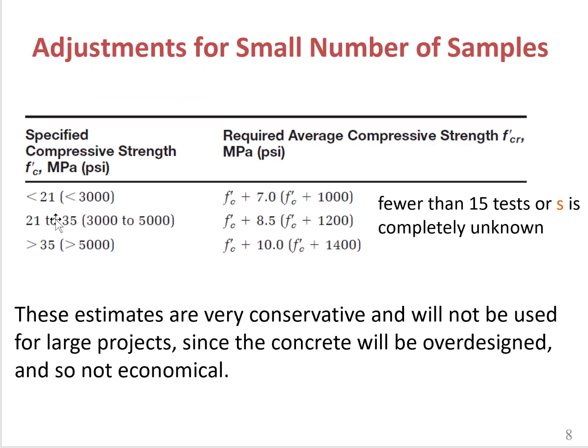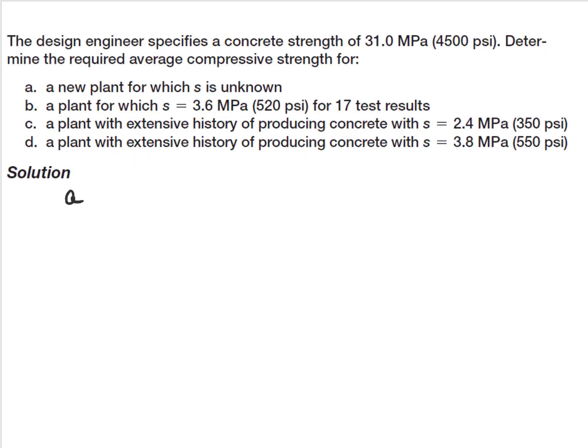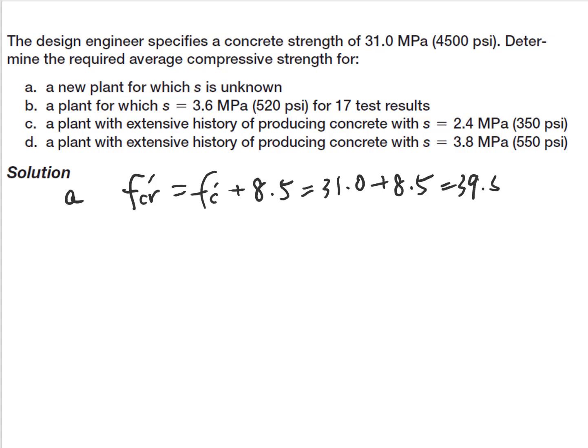So it's between 21 and 35. So we need to use this formula. So f'cr equals f'c plus 8.5, which is equal to 31.0 plus 8.5 equal to 39.5 MPa.